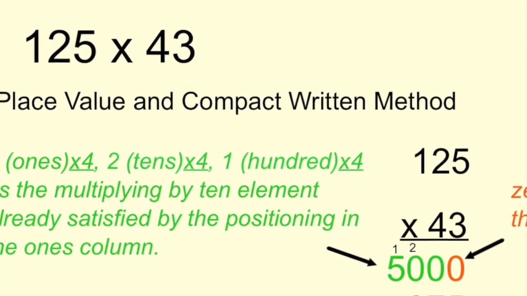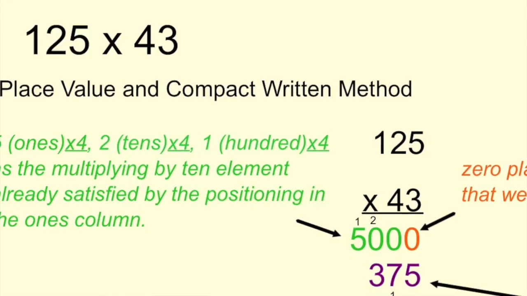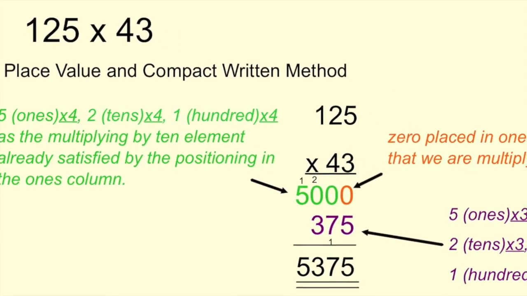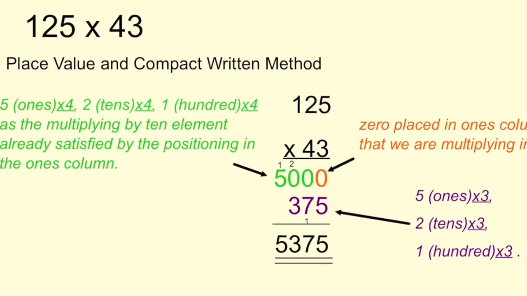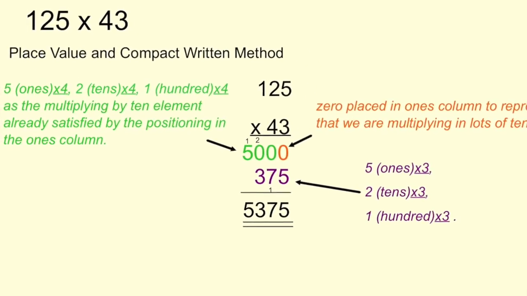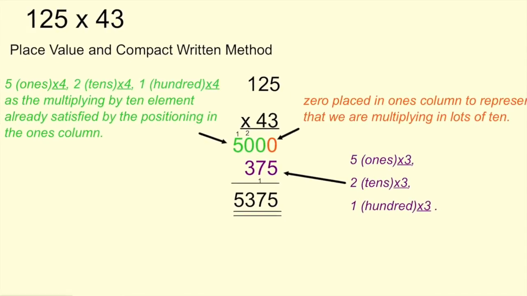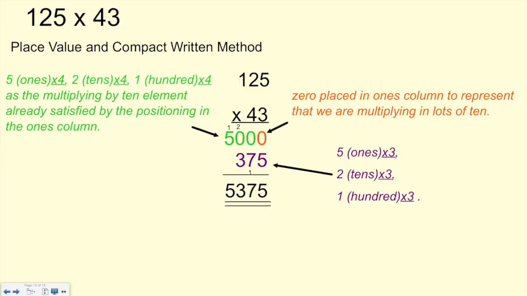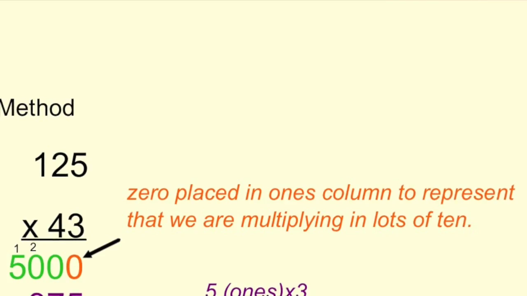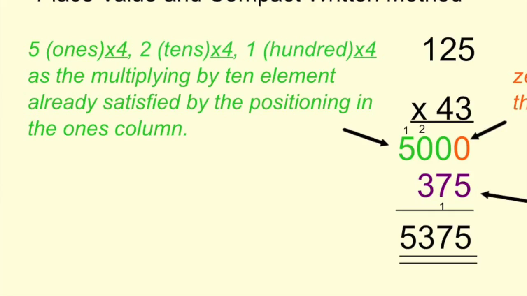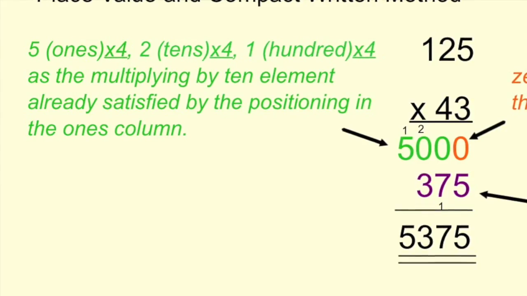So for example, we start by making our multiplication by 40. To begin with, we put a 0 in the ones column. This tells us that we are multiplying by a number of tens. So the 10 part of the calculation is already done by placing a 0 in the ones column. We now only need to think about it as 4 lots.